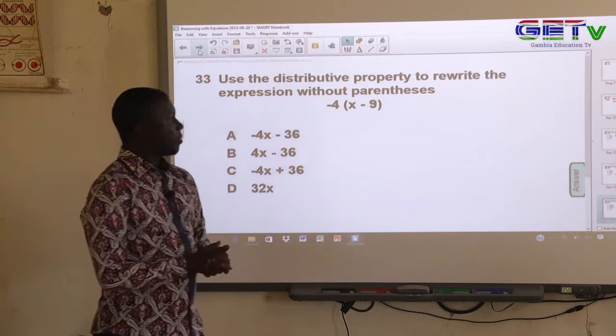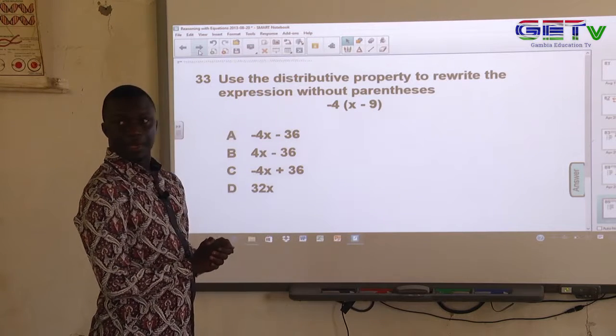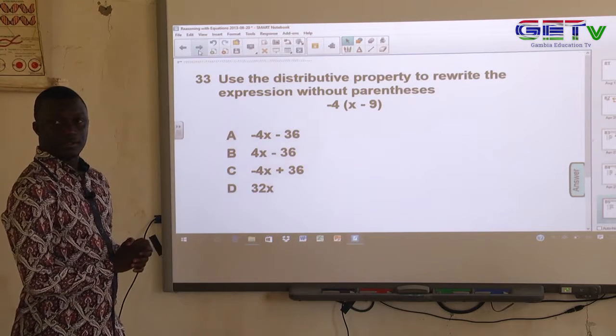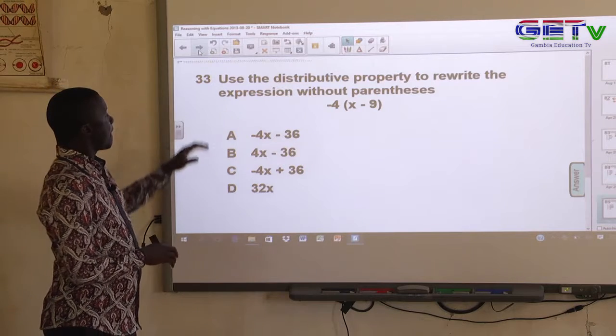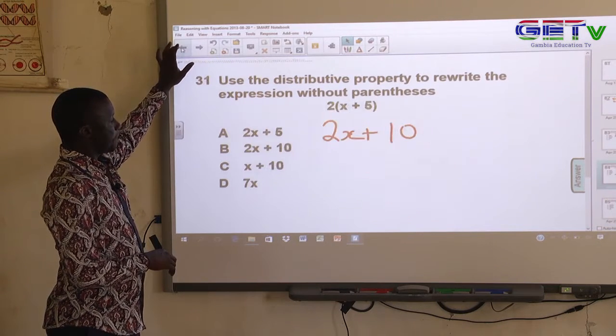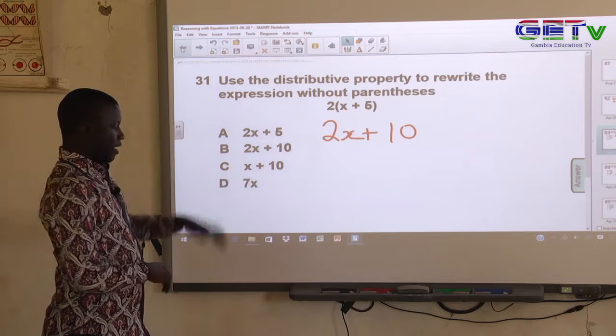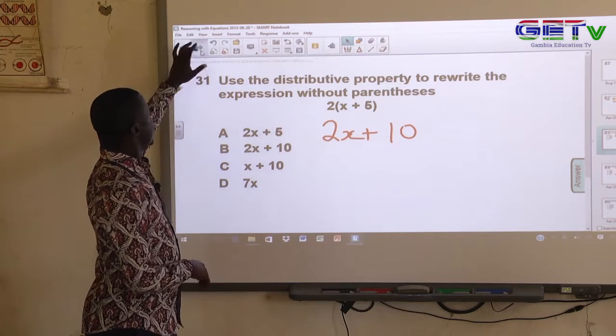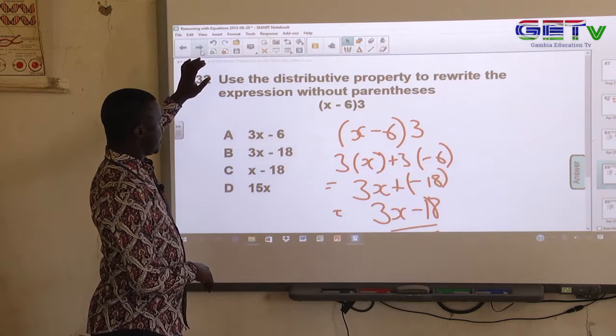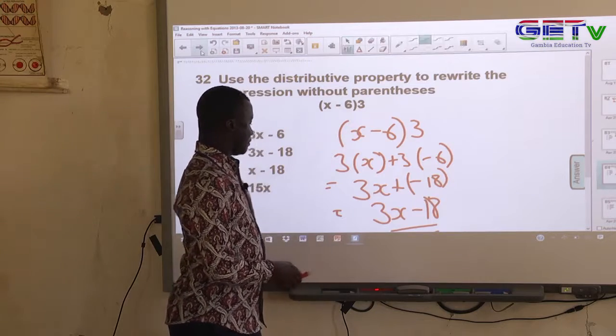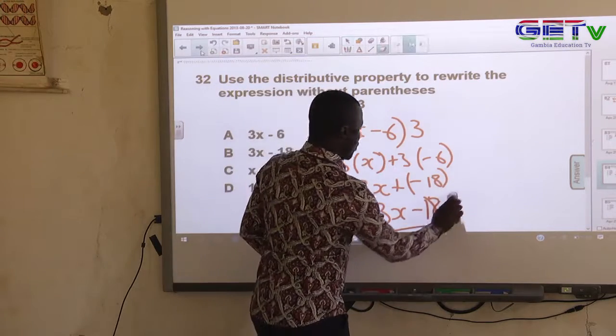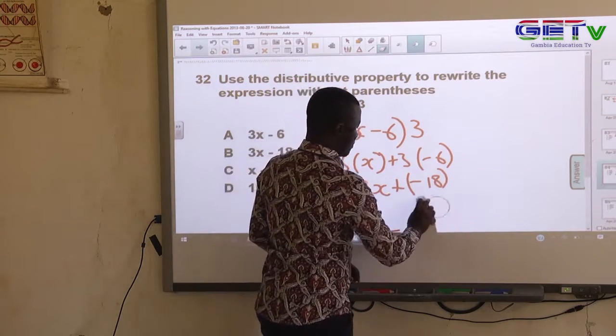Use the distributive property to rewrite the expressions without parentheses. After solving, it's good that you help them identify the right option by circling the correct letter. Let me go one step back.